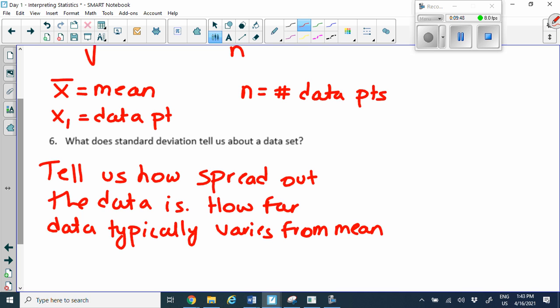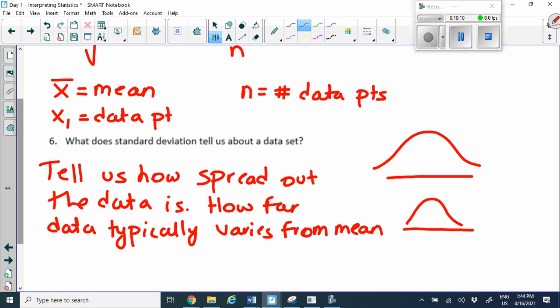It just tells us how spread out the data is. So when we talk about our histogram, the shape: if we have a wider shape, that means the data is a little bit more spread out, okay? But if it's narrow, that probably means everything's a little bit closer together.